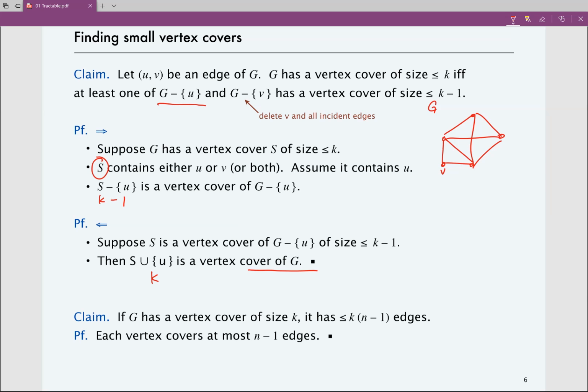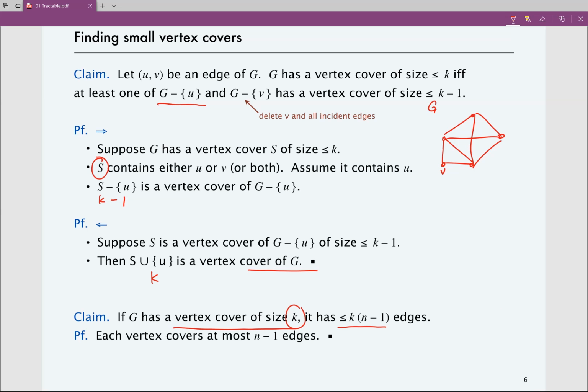If you take all of these edges from all of these vertices, that allows you to cover all of the edges in G because you have a vertex cover. So in total, since each of these nodes has only m minus 1 edges coming out of it, this graph has at most K times m minus 1 edges.